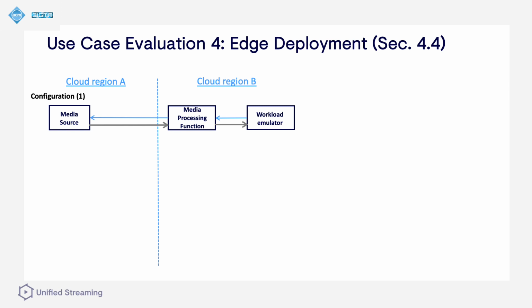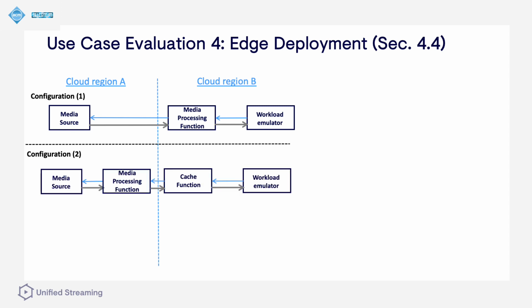the media processing function. In configuration 2, we move the media processing function to cloud region A, and we add a cache function layer in region B for media segment caching.